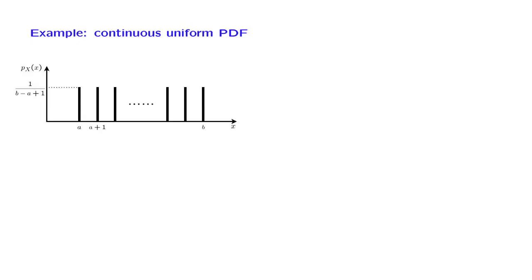Let us now give an example of a continuous random variable, the uniform random variable. It is patterned after the discrete uniform random variable. Similar to the discrete case, we will have a range of possible values. In the discrete case, these values would be the integers between a and b. In the continuous case, any real number between a and b will be possible.